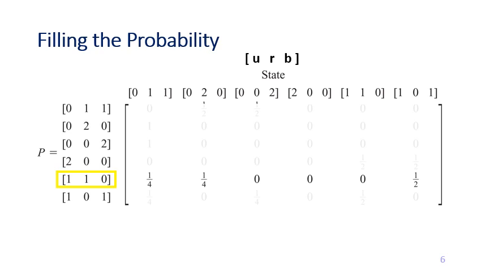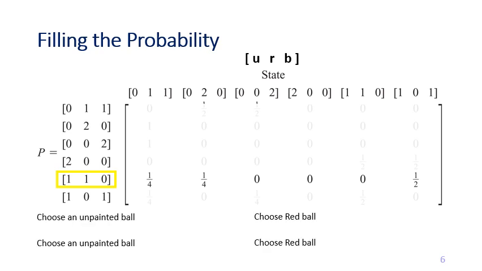To get the probabilities, we need to list all the possible events starting from this condition. According to the game, first we pick 1 ball randomly from the urn. So these are all the possible outcomes. You may choose the unpainted ball, you may choose the red ball, right?